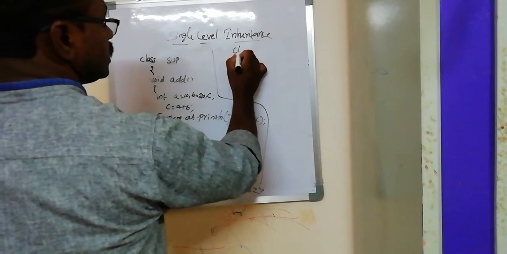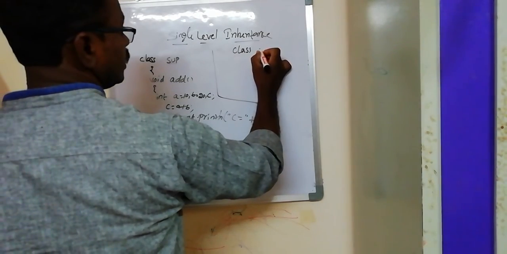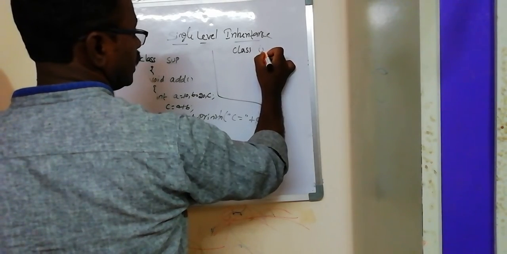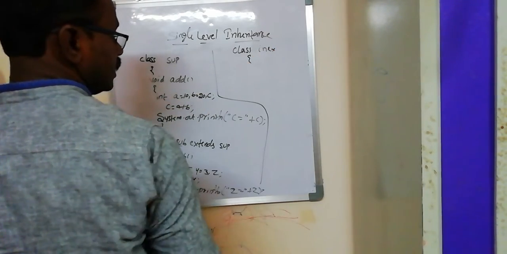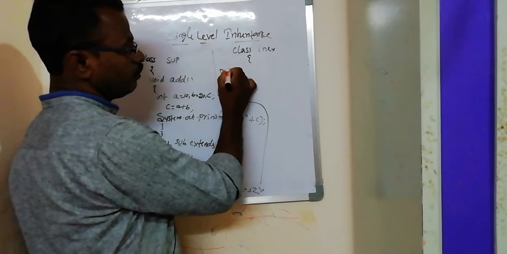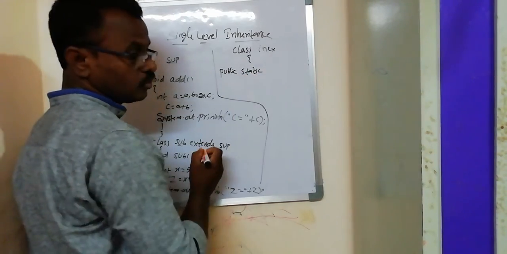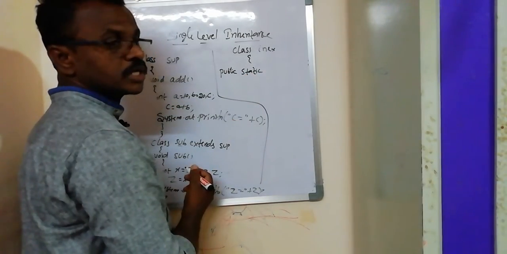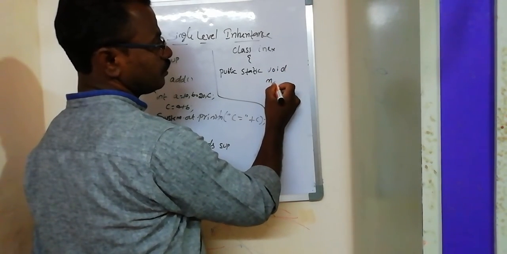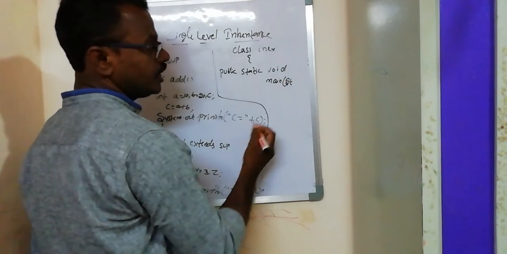We write the main class, with a class name, for example InheritanceExample. We write the command line arguments, which I discussed in the last class. Public is the access specifier, static is a keyword to display the class result without an object, void is a keyword meaning nothing is returned. We write the main method. The main method is a parameterized method.